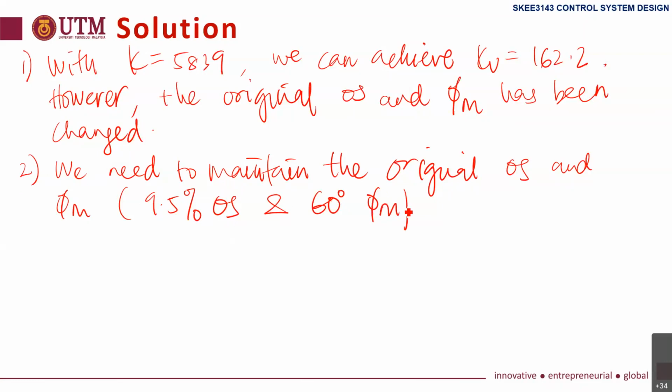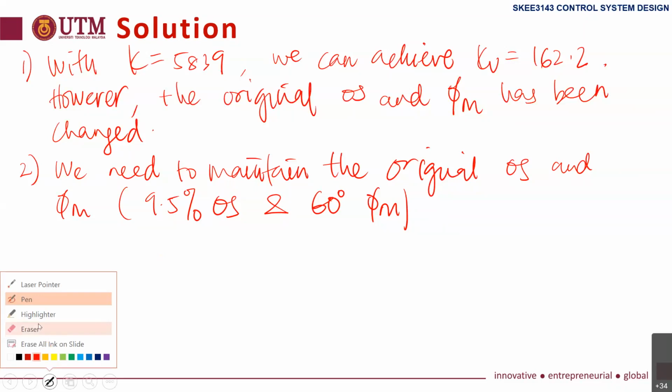Based on the graph, we know that in order to get 9.5% overshoot, we need to have phase margin 60 degrees.